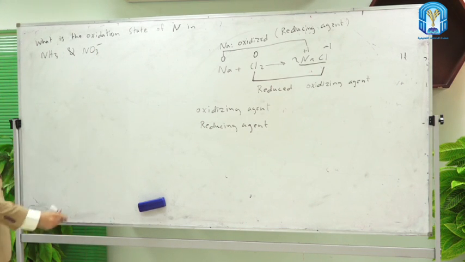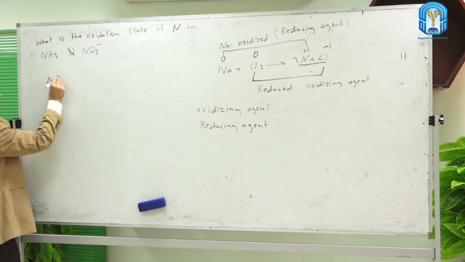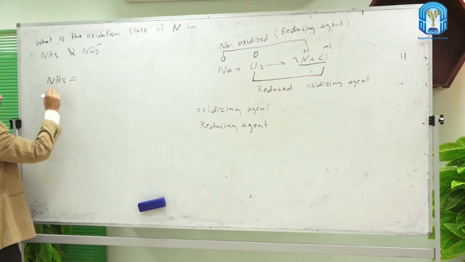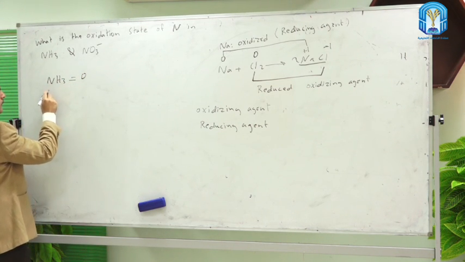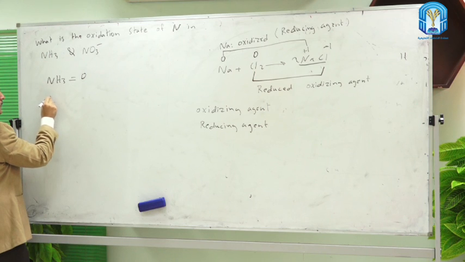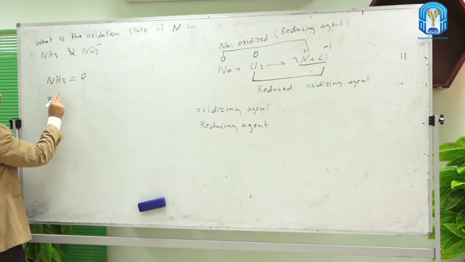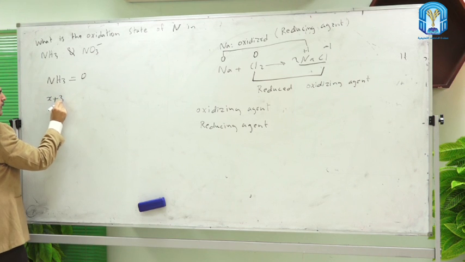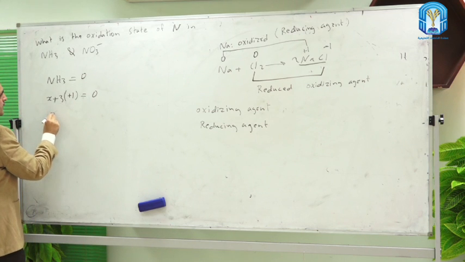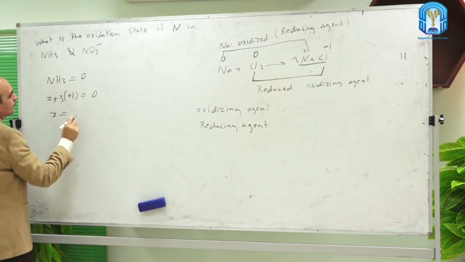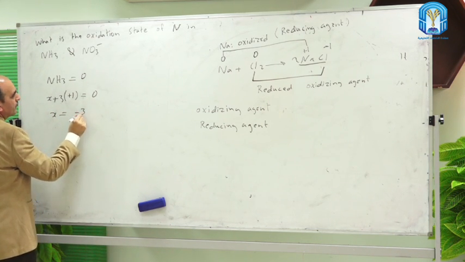First, we solve for NH3. So the total charge here is 0. Instead of nitrogen we put X, that we need to calculate. Hydrogen, we have 3 hydrogen atoms. Each hydrogen is positive 1, equals 0. So X equals negative 3.